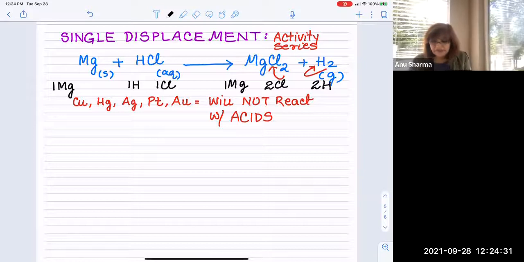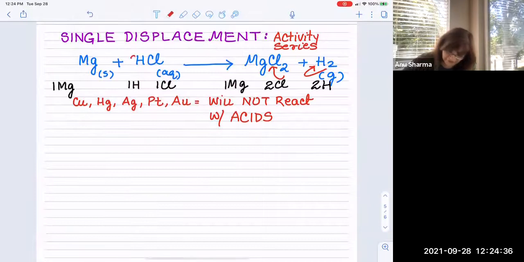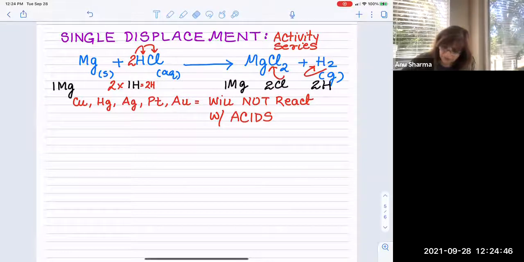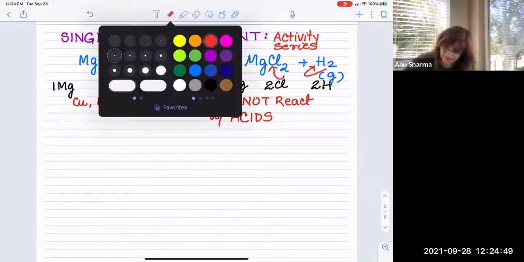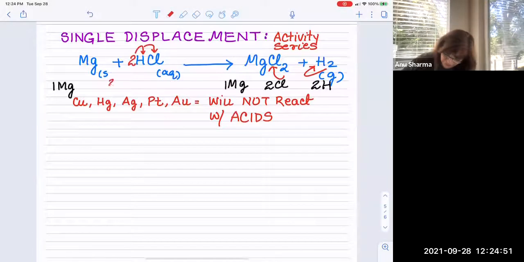So in that case, we need to balance the chlorines and the hydrogen. You put 2 here in front. This makes 2 hydrogens and 2 chlorines, since 2 times 1 hydrogen is 2 hydrogens, and 2 times 1 chlorine is 2 chlorines.